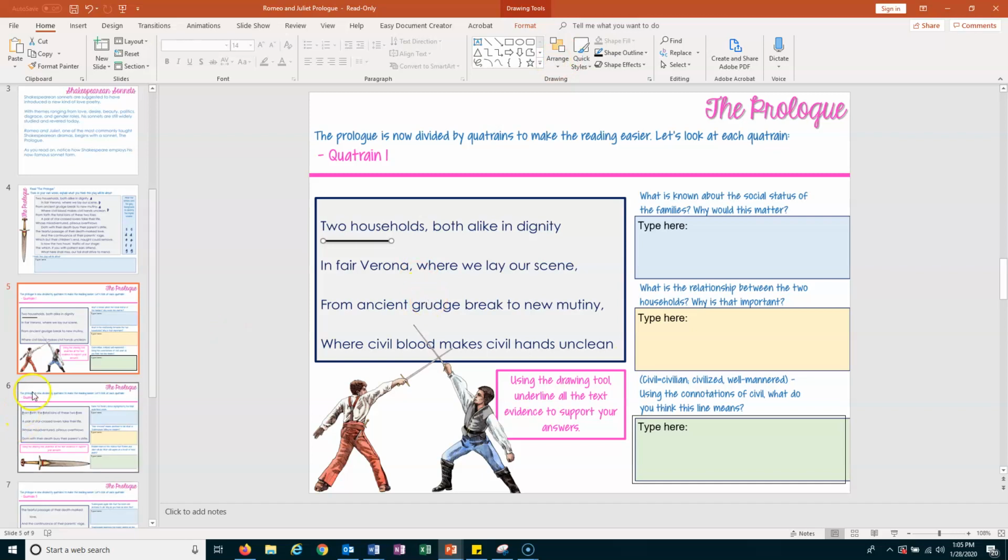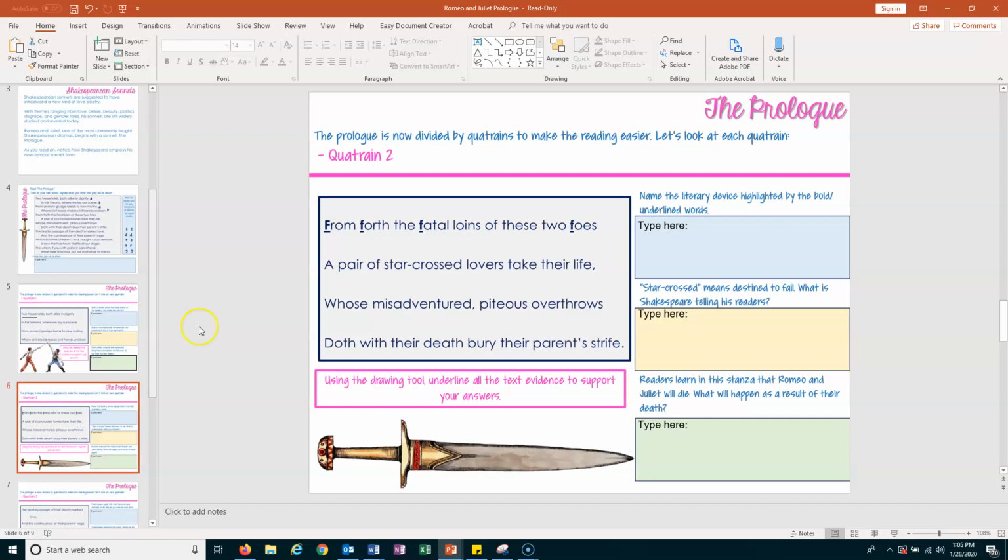Okay. So the next page that you're looking at will be quatrain 2. In quatrain 2, you're going to also use the drawing line again to underline the textual evidence to support your answers. Name the literary device highlighted by the bold underlined words.